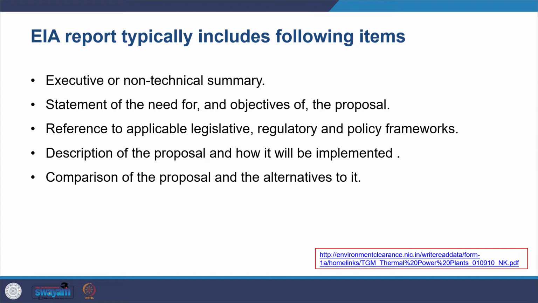And then you would also have statements for the need and objective of the proposal, then reference to the applicable legislation, so all the legislation which we studied, all that reference has to be made. Then a description of the proposal, like we saw in the notification 2006, what content has to come, and a comparison of the proposals and the alternatives.